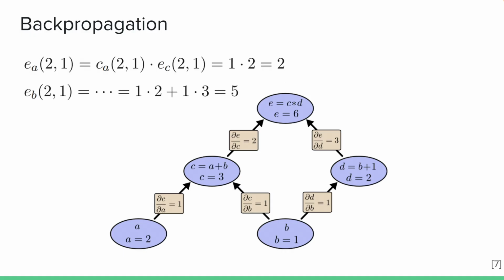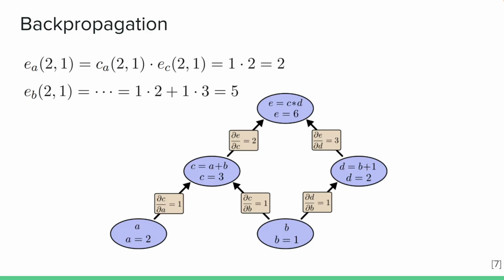Once you've computed these, you can follow the graph down to compute the partial derivative of e with respect to a by following this path through, which would be 1 times 2. And for e with respect to b, we would follow this path and add it together. So we have 1 times 2 plus 1 times 3, which would be 5.